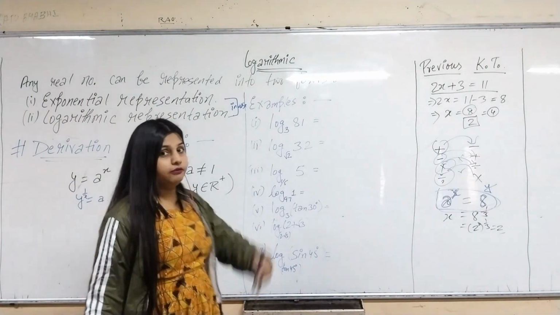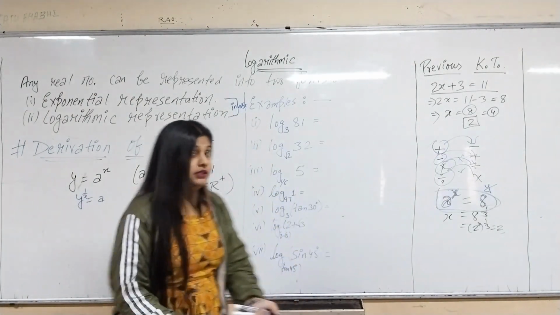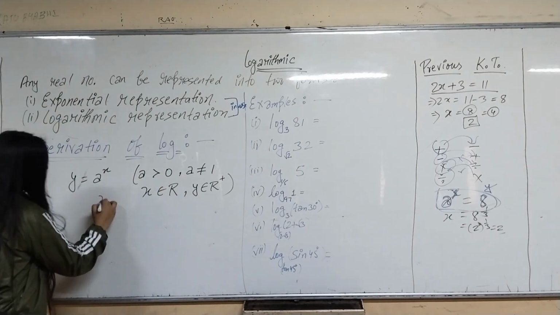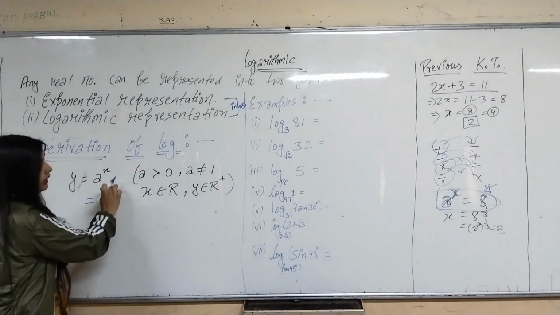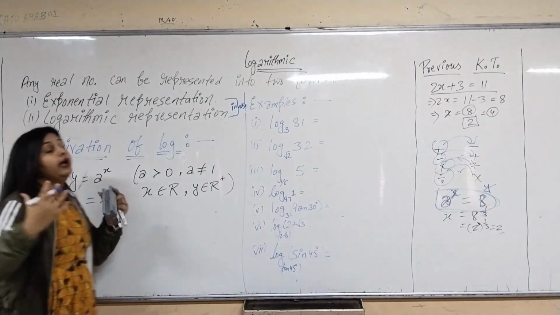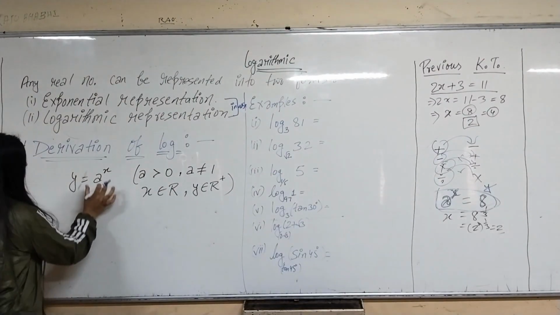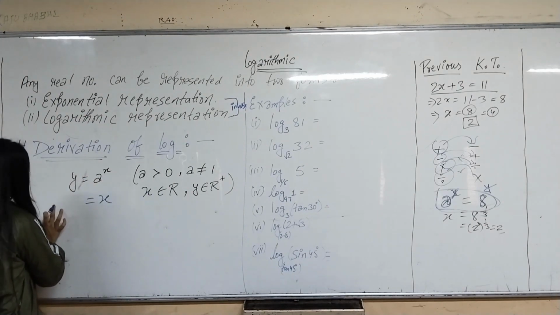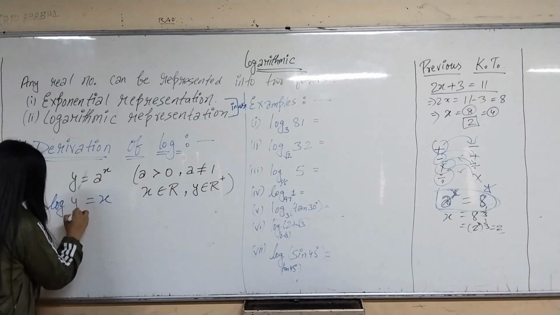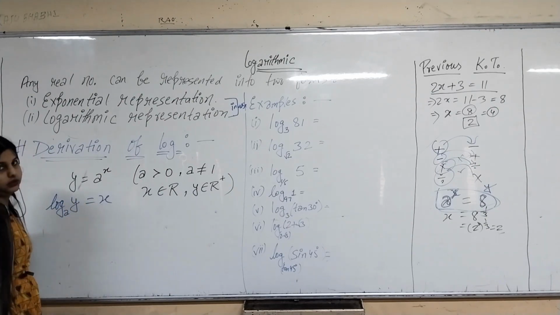Here we want to set the base. I want to write x. If y equal to a to the power x, what will be equal to x? So this base will be here. It will give us log like this.